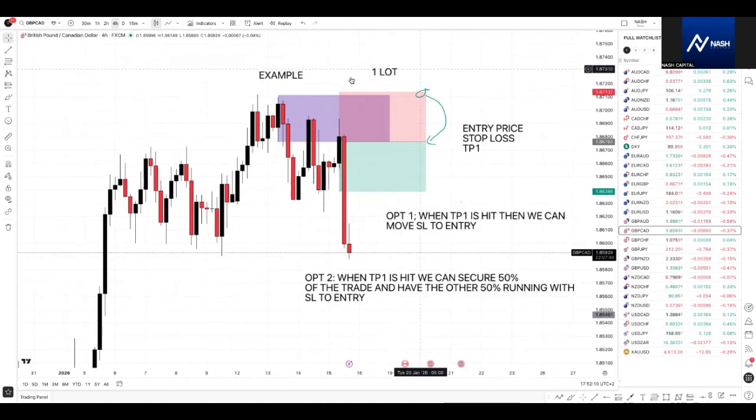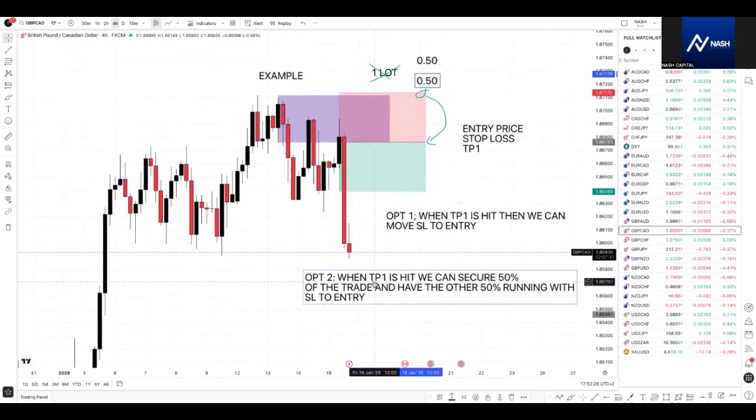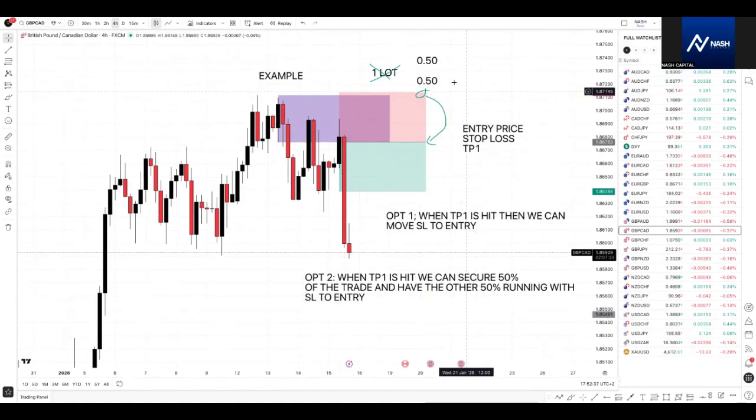What you simply do is close half of one lot, meaning that you've closed 0.50 and you have 0.50 left running. So that's what we mean by option 2. When TP1 is hit, we can secure 50% of the trade and have the other 50% running with SL at entry. So that's how we'll be trading the normal currencies.